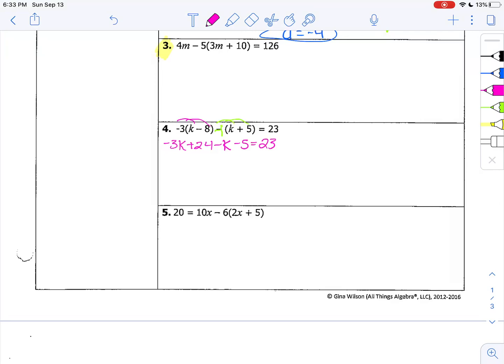So from here, I no longer have my parentheses, so I need to check to see if I can combine like terms, and I can. I can start by combining negative 3k minus k. So remember, there's that imaginary 1 there. So that's negative 3 minus 1, which equals negative 4k.